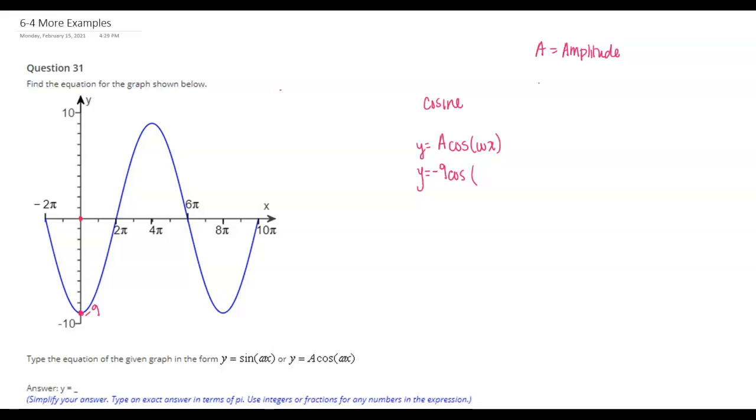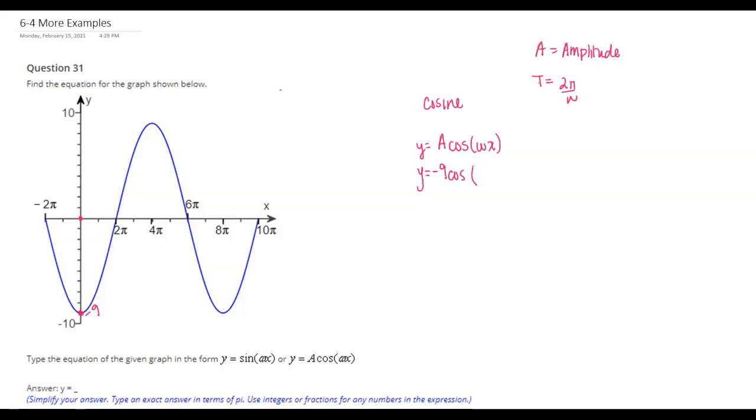Now, omega. A lot of you are getting confused and thinking omega is your period, which it's not. T is your period, and T is 2 pi over omega. So we need to actually look and find out what that period is. And remember, a period is a full section of our graph from start to end.